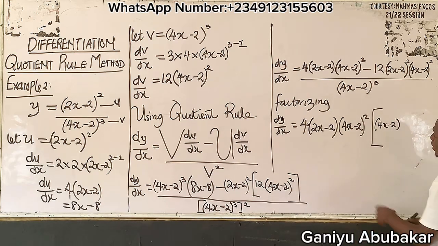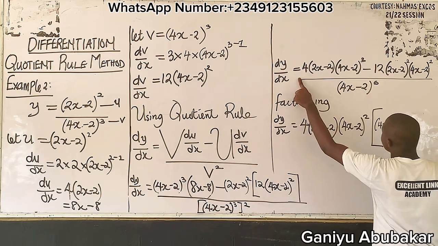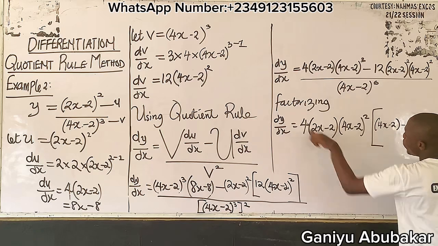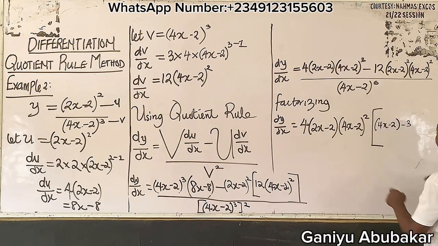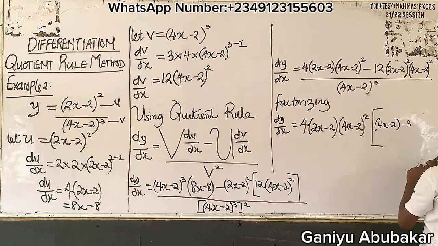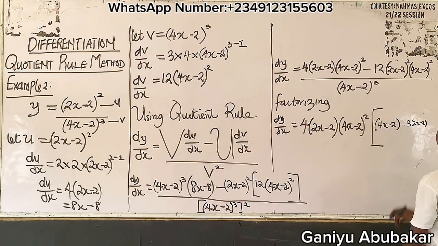If I multiply everything here by this, I'll have everything here, minus 4 into 12 is 3. Put your 3 here. Next up, this divided by this, I'll have one of it left. So into (2x - 2) left.